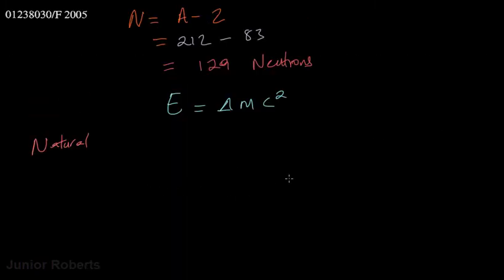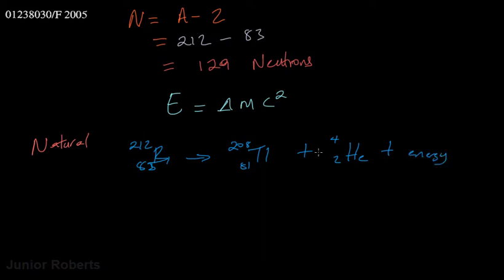We'll write our nuclear equation, and it's given by bismuth 212 83 decaying to form thallium 208 81, plus a helium atom, plus energy. So again, what we'll be considering is the mass of, in this case, a single reactant, and the mass of our product in order for us to find our mass defect, which is delta M.